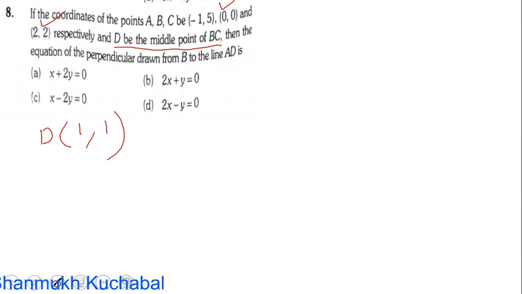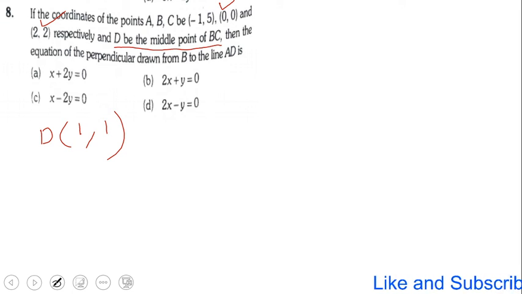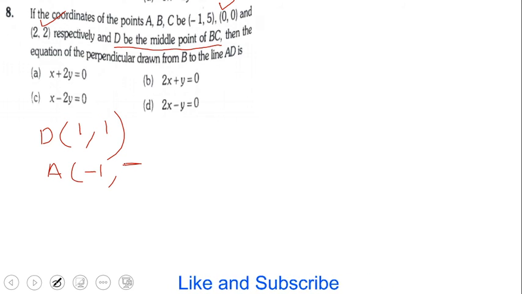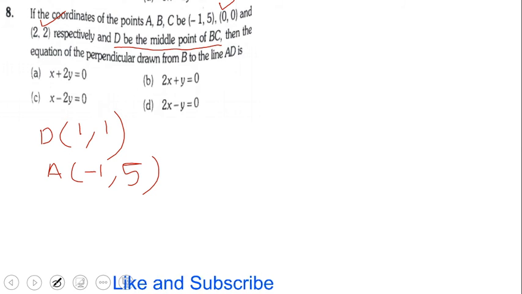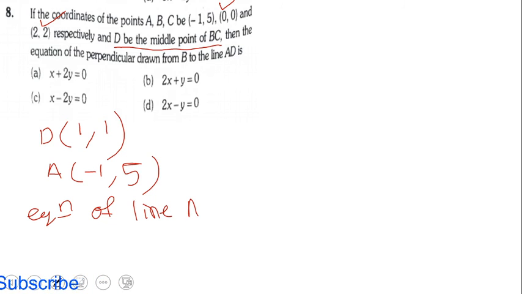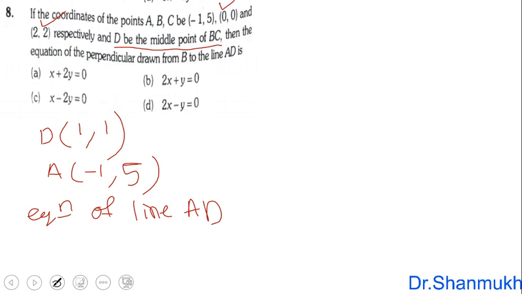The coordinates of point D are 1 comma 1, and now the equation of line AD. A we know is minus 1 comma 5, and D is this. We have to write the equation of line AD here.